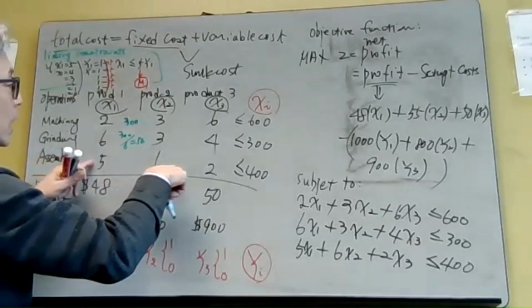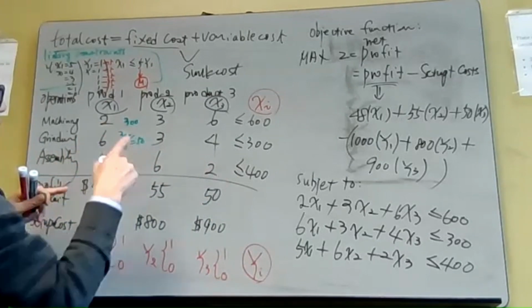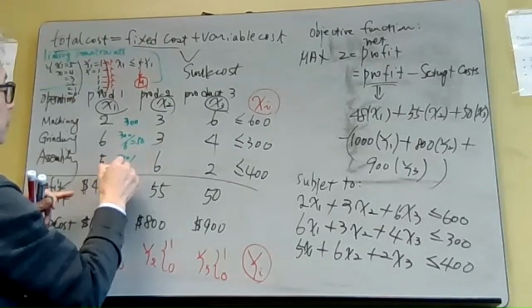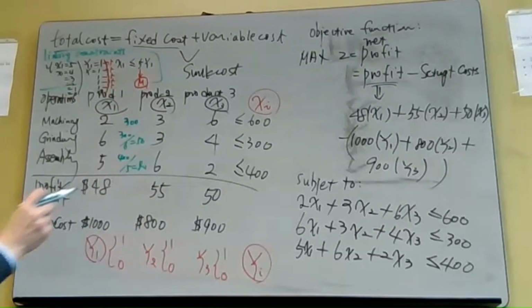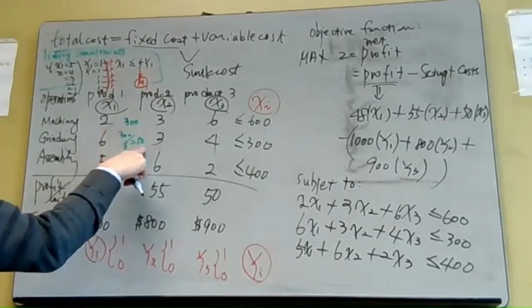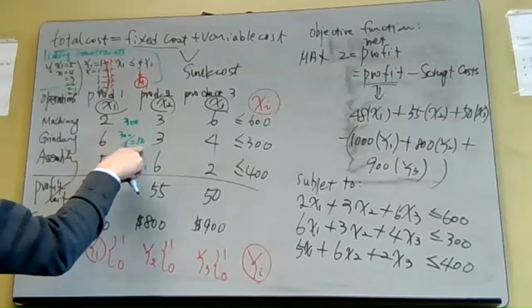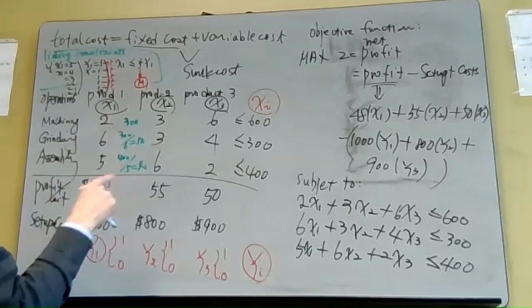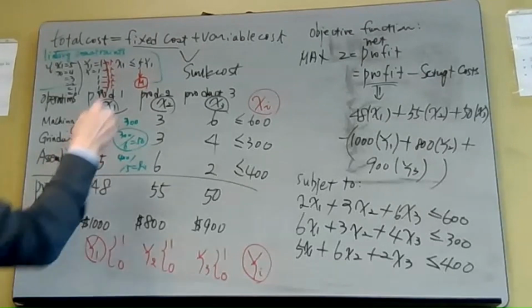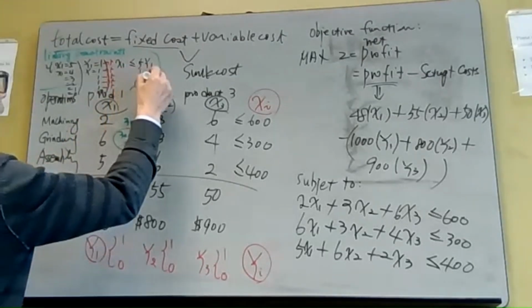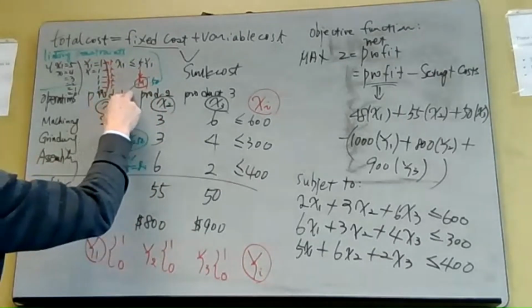And then for assembling, your maximum number of product 1 will be 400 divided by 5, which is 80. Now, if you produce 300, you violate these two constraints. If you produce 80, you violate this grinding constraint. So 50 will be the right answer to replace M. So this M may be 50. So you can find the exact value of M.